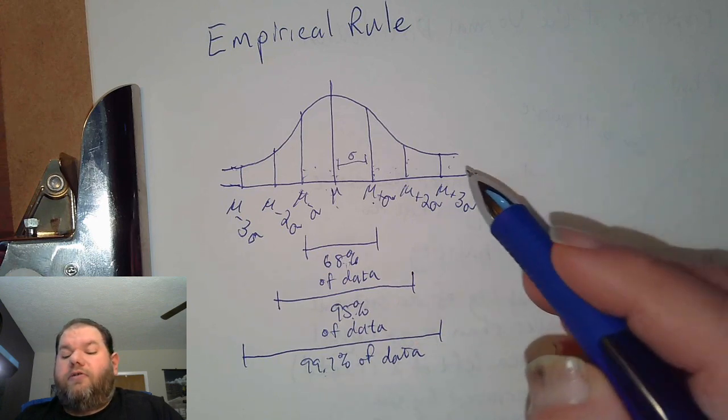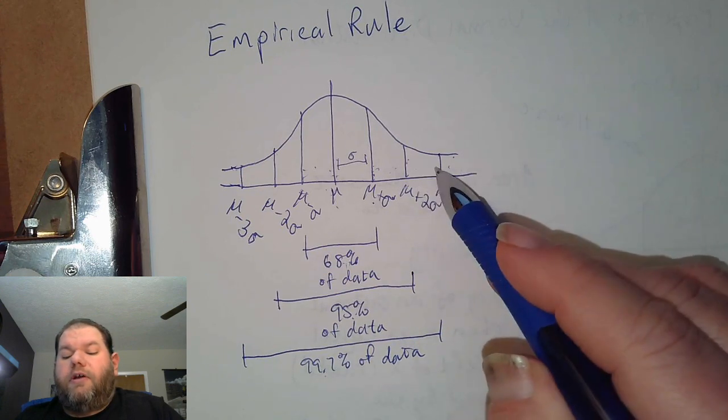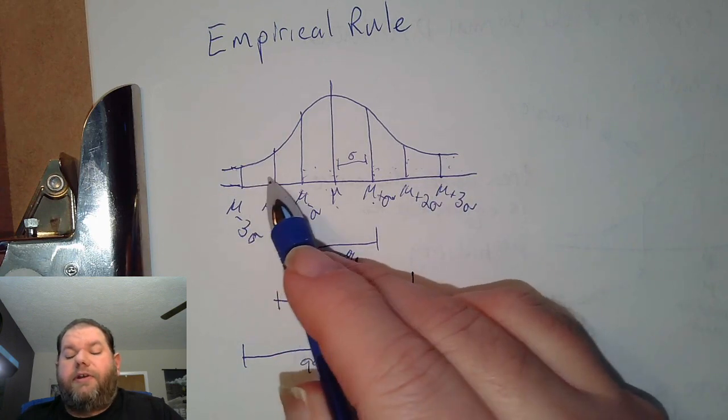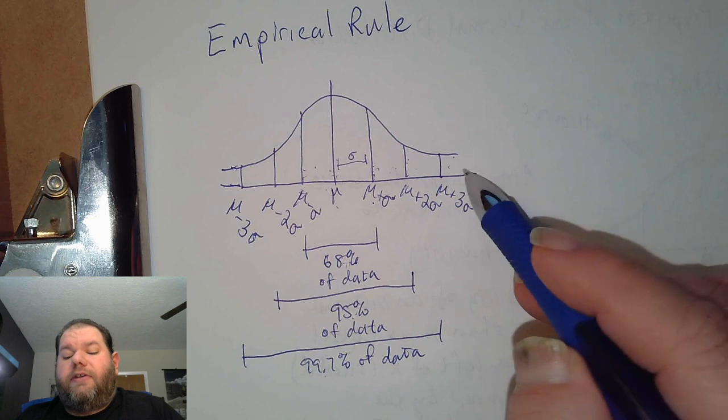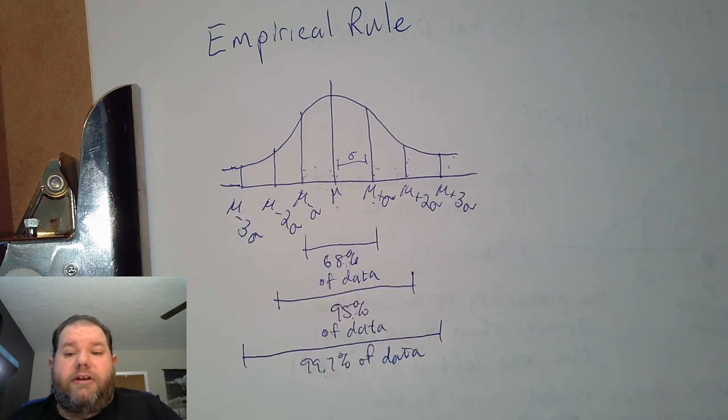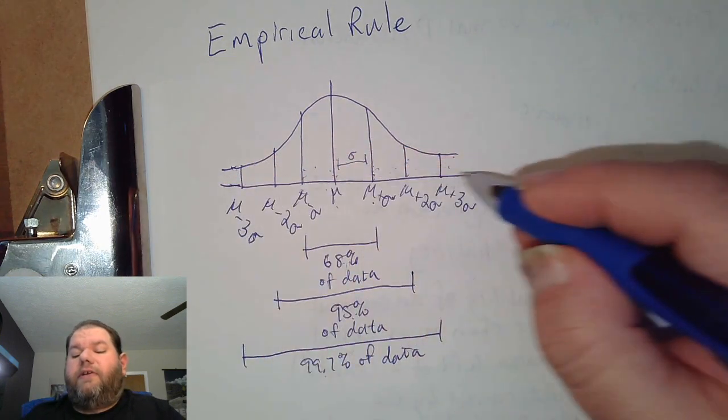So there's a 2.35% here and 2.35% here. And then in the tails, there's just a little bit more on both sides, but it's actually getting closer and closer to the horizontal axis here.